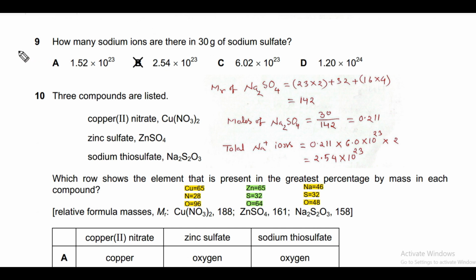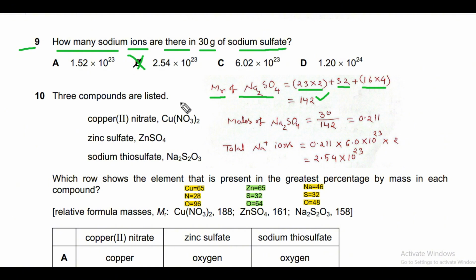Next, number 9. How many sodium ions are there in 30 gram of sodium sulfate? Total number of sodium ions is asked. If you calculate, you will get answer B. How? Relative molar mass of sodium sulfate: sodium 23 times 2, sulfur 32, oxygen 16 times 4, 142.